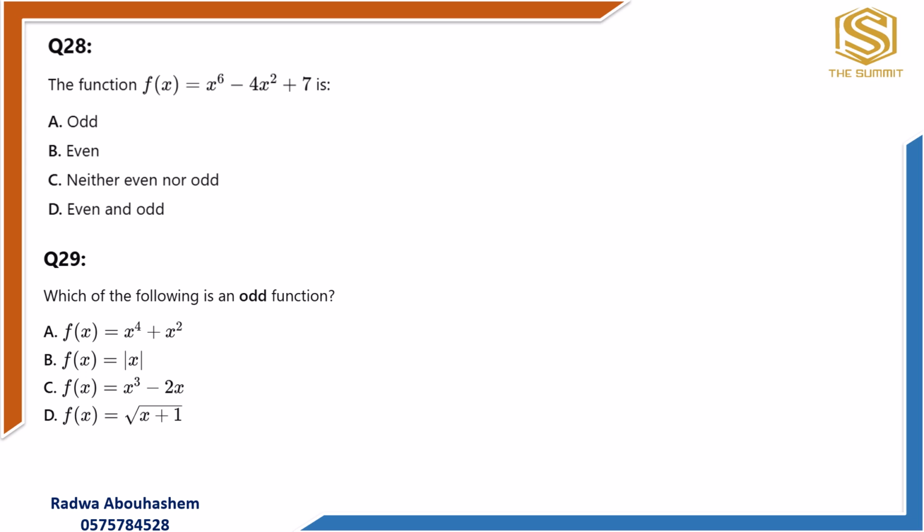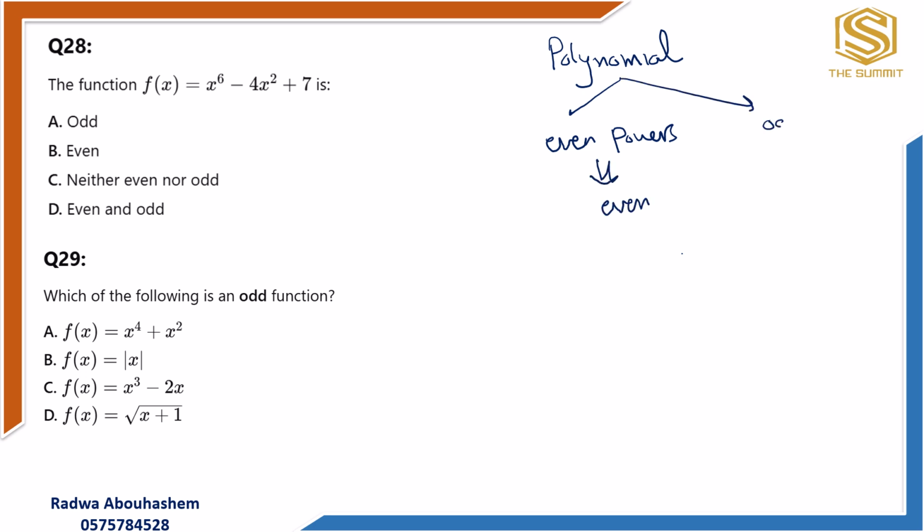Okay, the function of x equals x power 6 minus 4x power 2 plus 7. Let me give you a trick here just to make it easy for you. If you have a polynomial function and its powers are even powers, it's an even function. If you have a polynomial function with odd powers and no constant, which means there's nothing like this 7, it's an odd function. This is a trick for polynomials, but we have to apply the rules that we discussed earlier, okay?